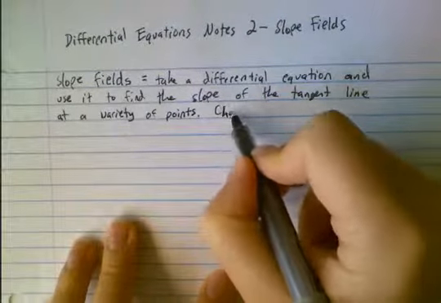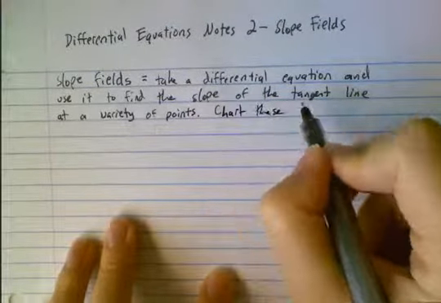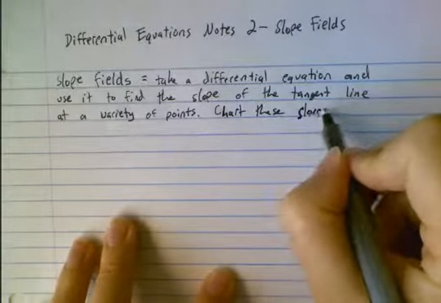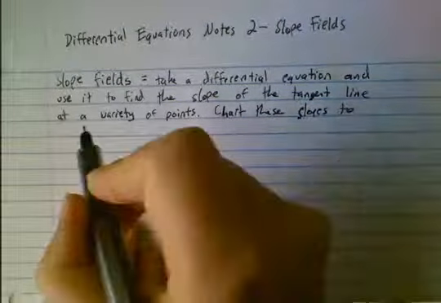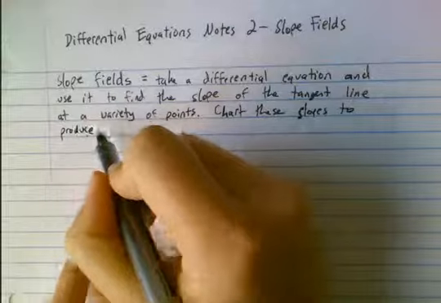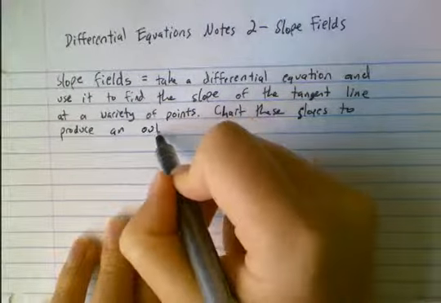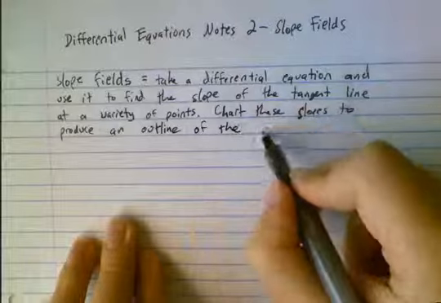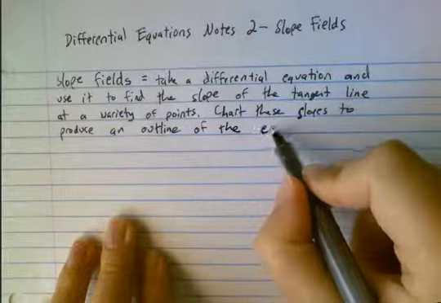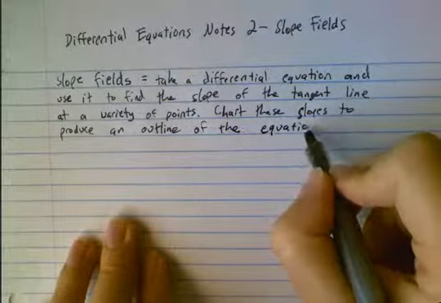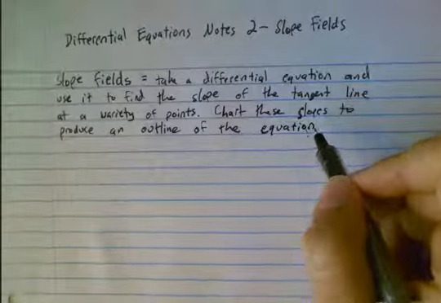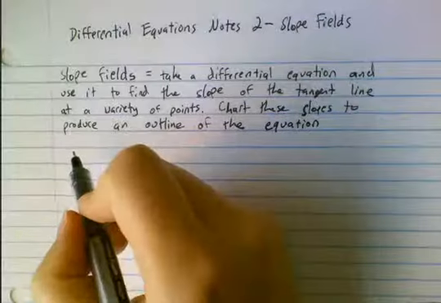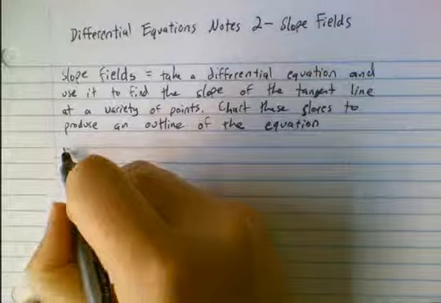Chart these points. Actually, I should say chart these slopes to produce an outline of the equation. So let's look at what this looks like, and then I think it'll make more sense.